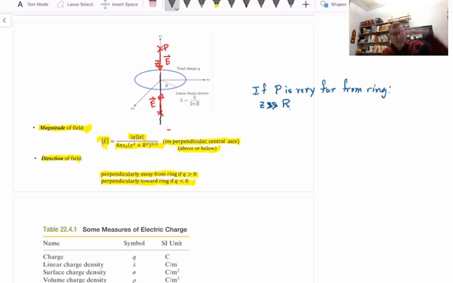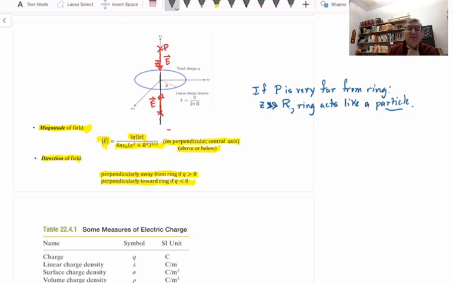If the distance z is much, much larger than the radius of the ring, it should start to look like a particle, or the ring acts like a particle. And the formula for the field of a particle is Q over 4 pi epsilon 0 distance squared. In this case, the distance would be z. So this answer should reduce to that in the far limit.